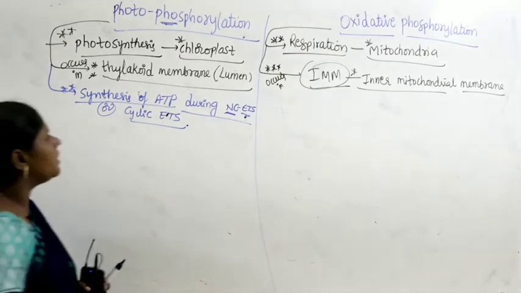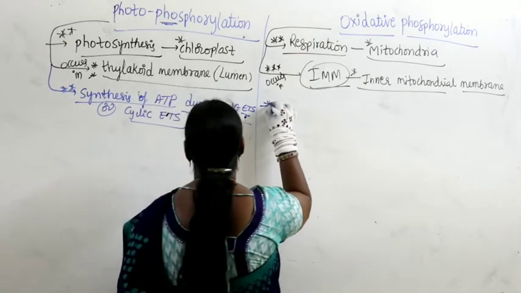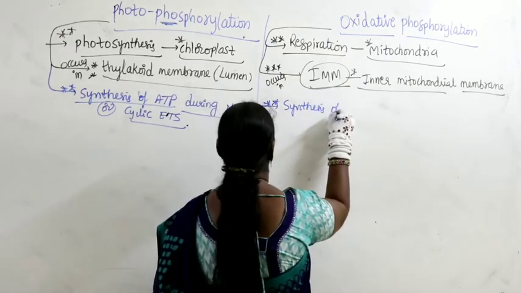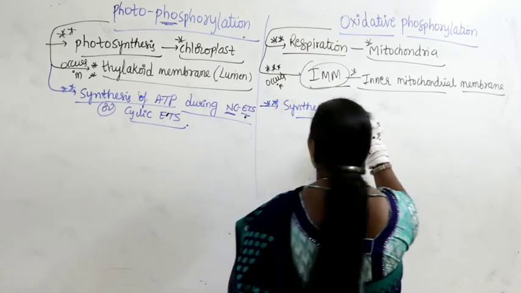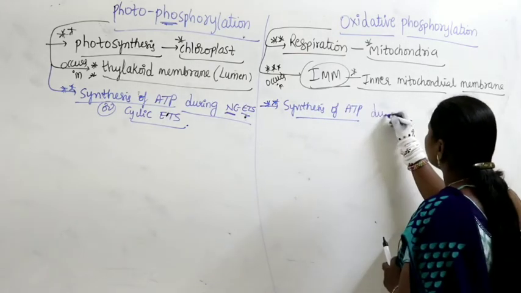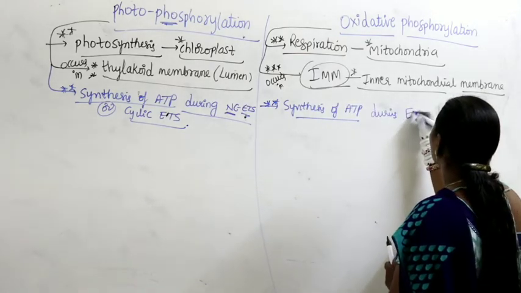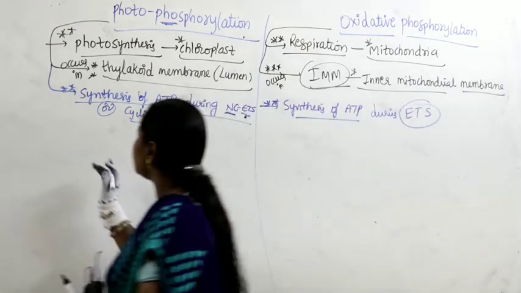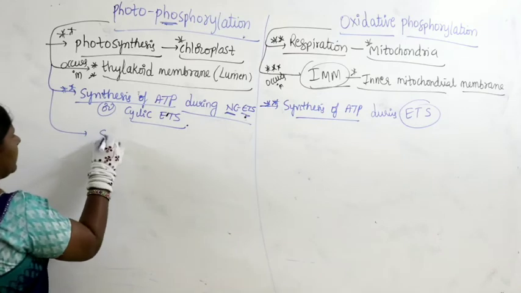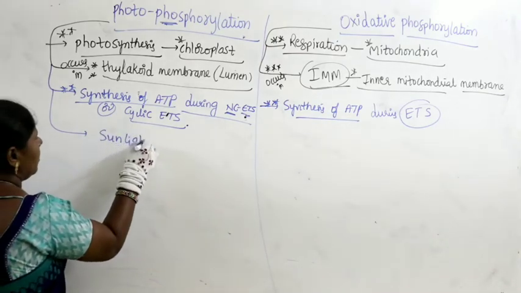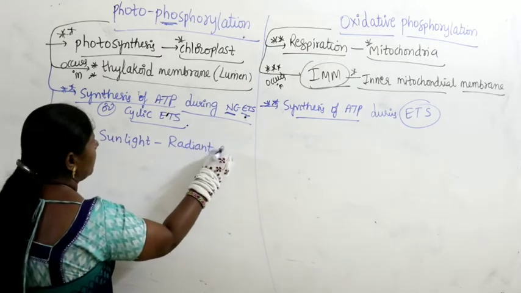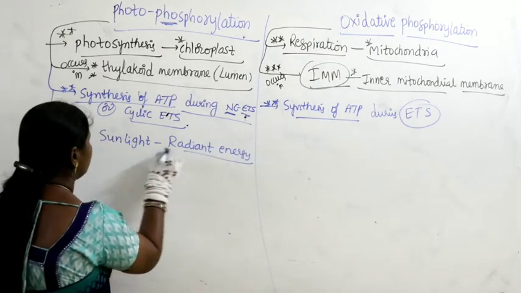Now coming to oxidative, this is nothing but the synthesis of ATP during the electron transport system. Now here, what is the source of energy? Here sunlight, also called radiant energy, acts as the source.